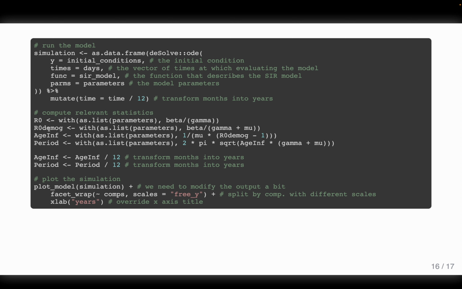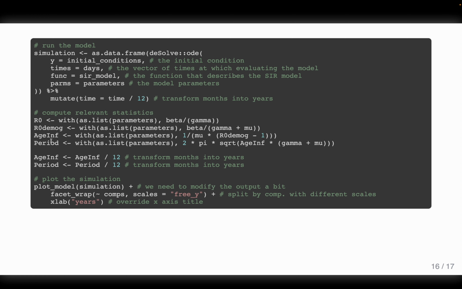Given the demographic R0, we can estimate the average age of first infection, which as you may remember is 1 over mu multiplied by R0 minus 1.